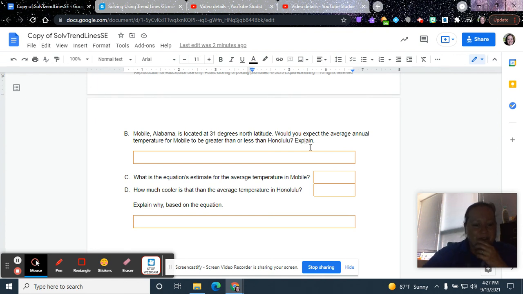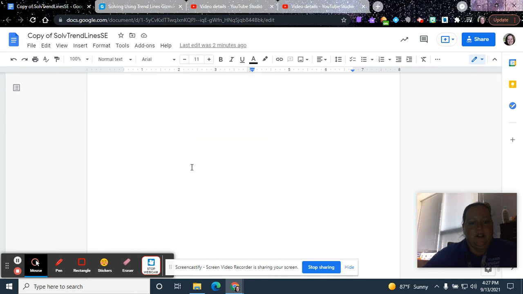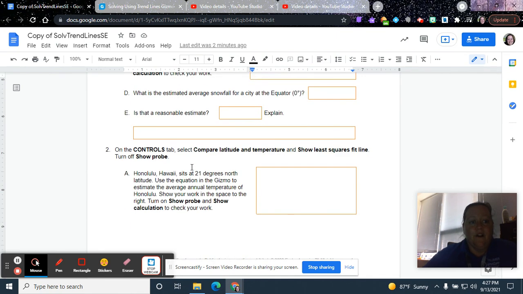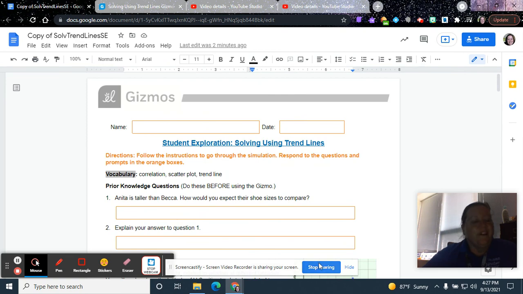So you will use the information given for that. And then how much cooler is that than the average temperature in Honolulu? So you have to do some subtraction and then explain why based on the equation. And then you are all finished with this Gizmo. So get it turned in and then move on to your next steps.